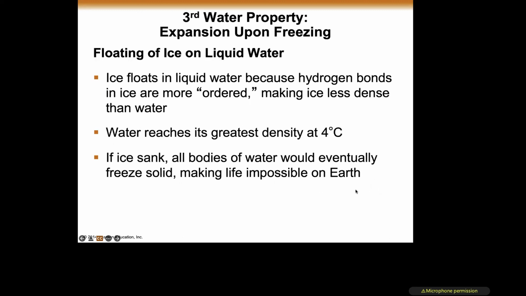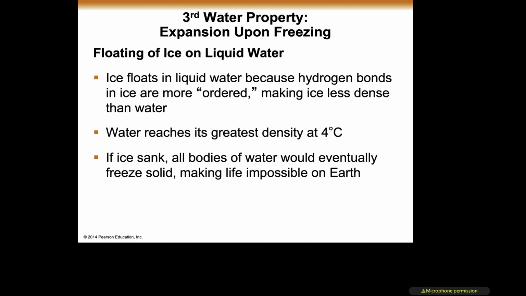All righty. The third water property is the fact that water expands upon freezing. Because frozen water is expanded, meaning less dense than liquid water, that is what makes ice float.